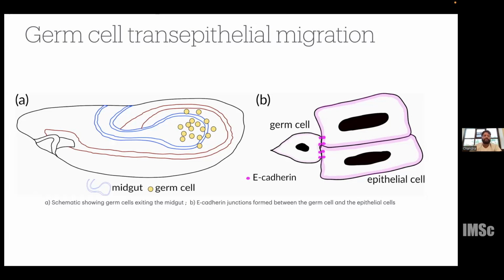It's a bit too hard to believe because germ cells are not tiny, as you can see from here, and the gaps formed by dynamic junctions are not sufficient for them to squeeze through. Everybody agrees that there's a pull force pulling them outside, but the gaps are never that big.